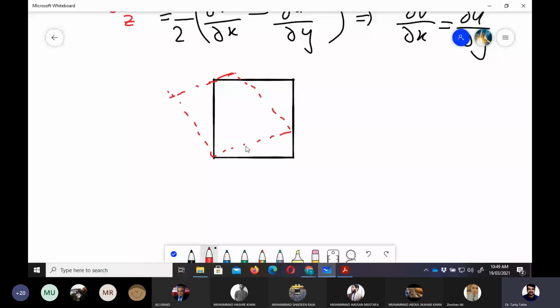So this delta alpha is also counterclockwise, and delta beta is also counterclockwise. So it means that now the fluid element has been rotated without having any kind of deformation. So it has been rotated as a rigid body.